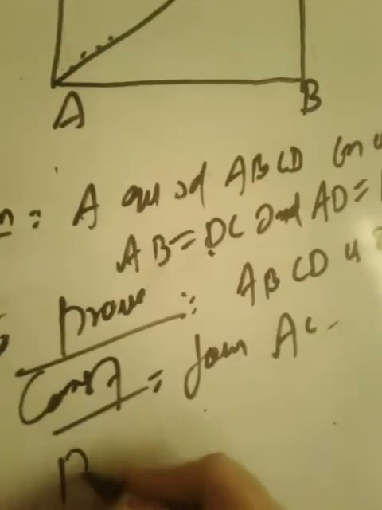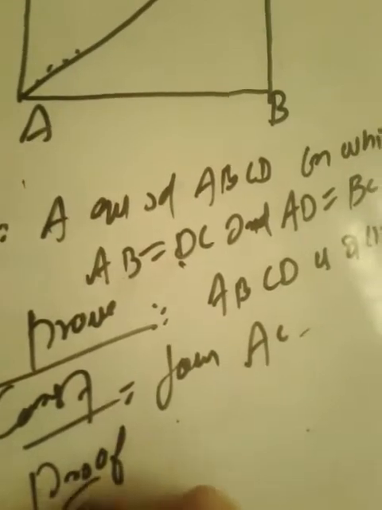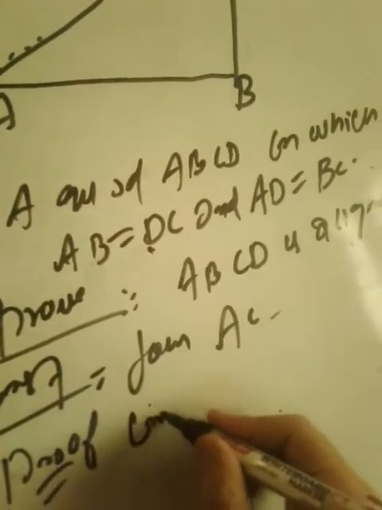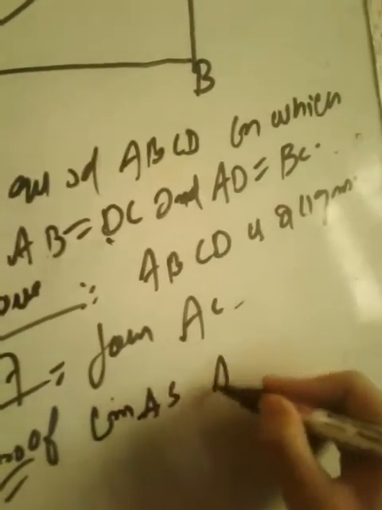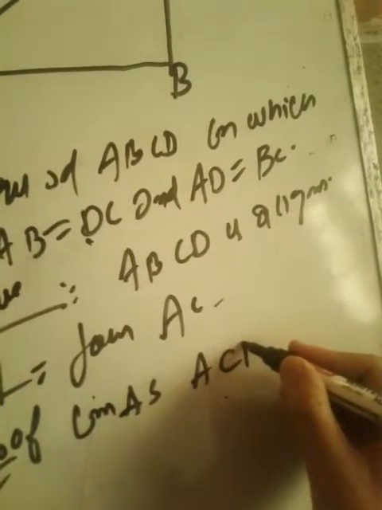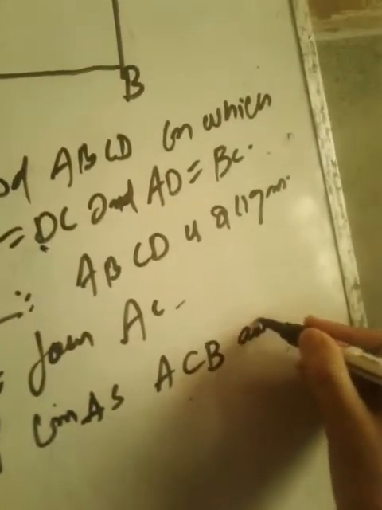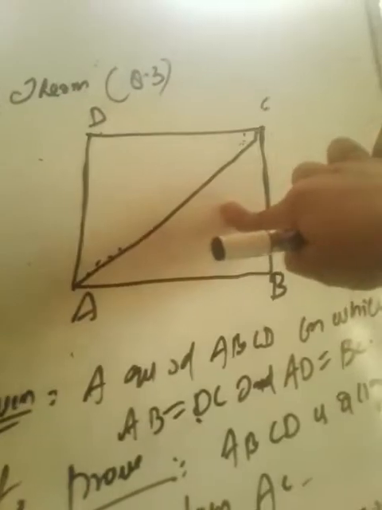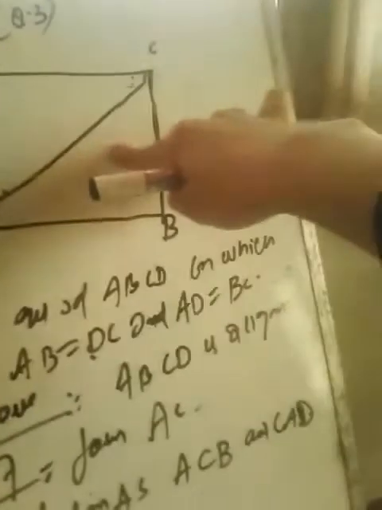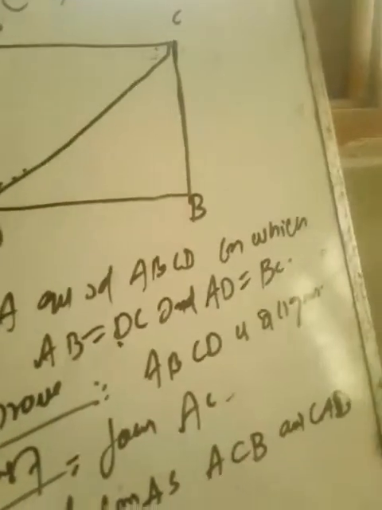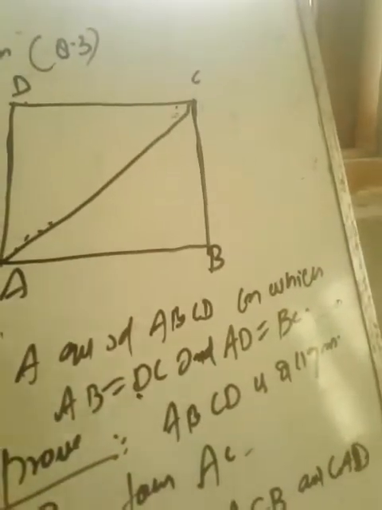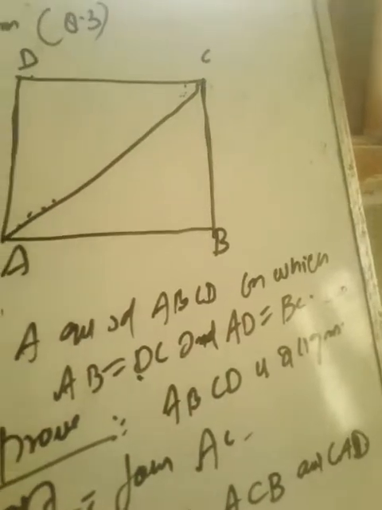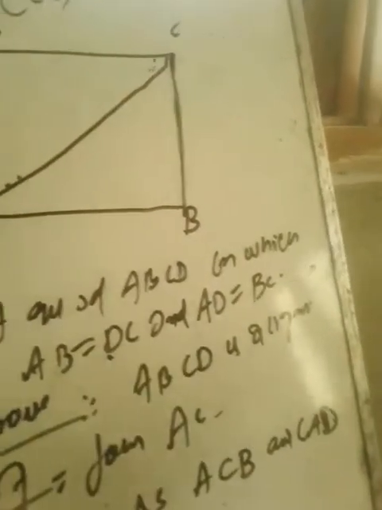We will write the proof in triangles ACB and CAD. In triangles ACB and CAD, look at how we write the name: put the corresponding vertex at its place.